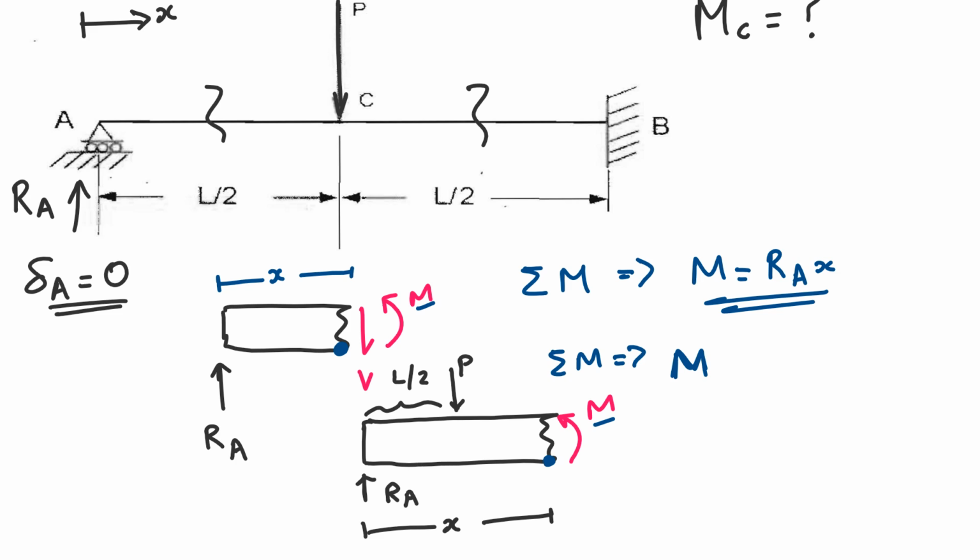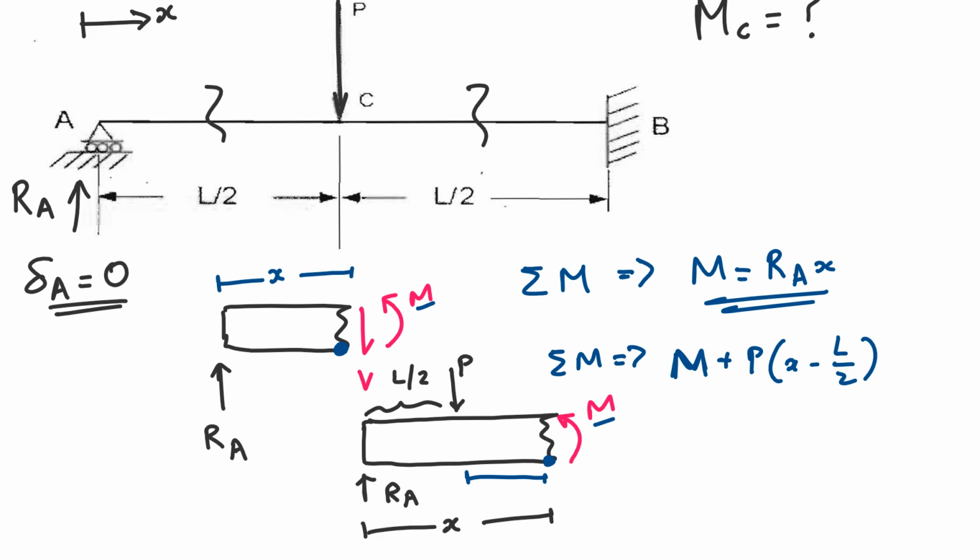Let's look at P. Is P clockwise or counterclockwise? Well, do that thing with your hand and you'll notice that in fact it is counterclockwise. So M plus P times what? What is this distance here? Well, this distance is just x minus L over 2, right? This whole x minus L over 2.